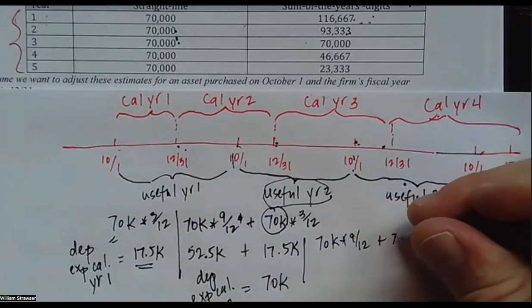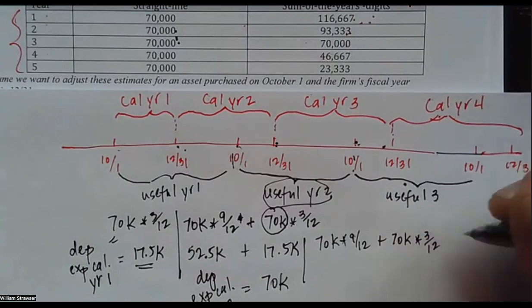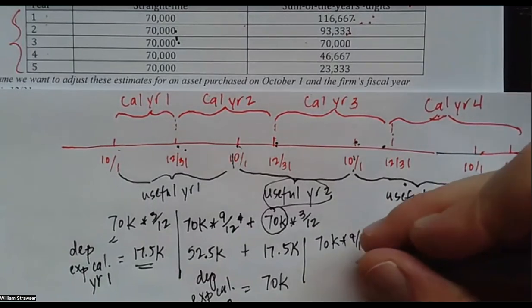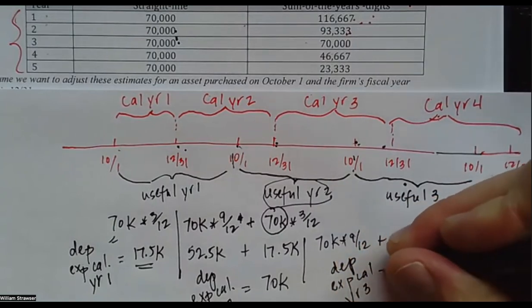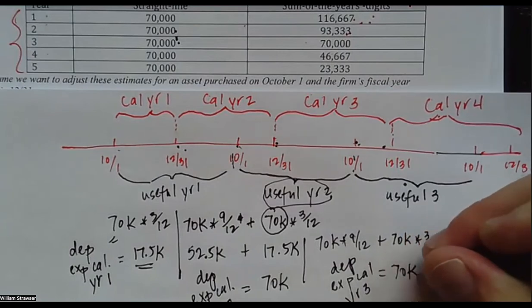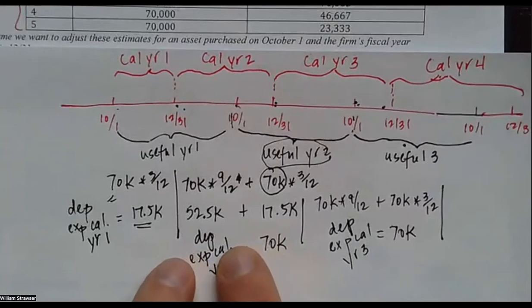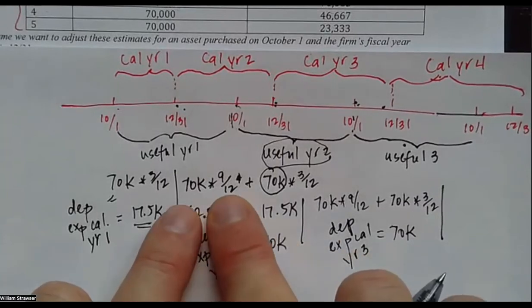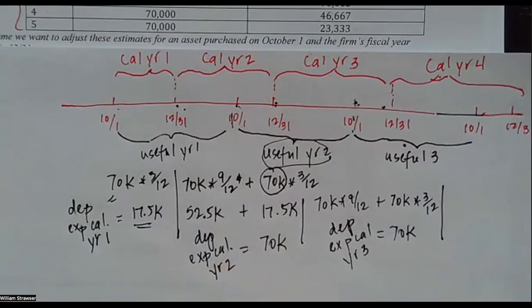And so this seems all very unnecessary when it comes to straight line, and I agree to some extent it is, but I like to lay it out this way so that, with the simplest version of this, we get an idea of what we're doing, how we're apportioning the amounts as useful years change.